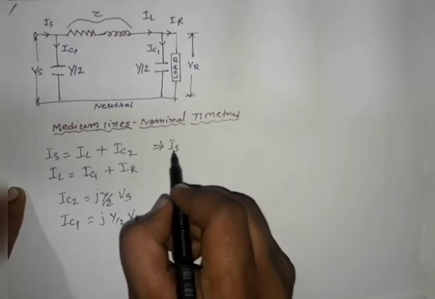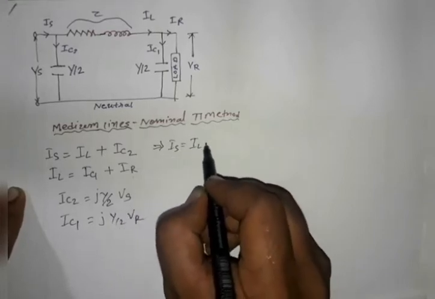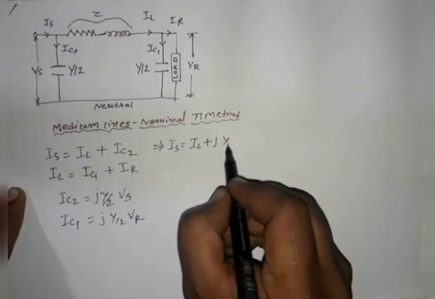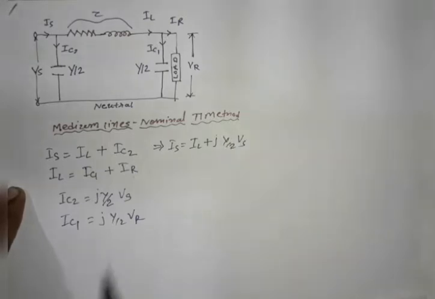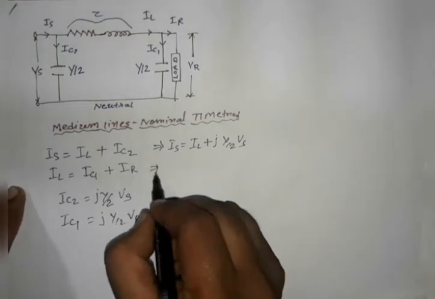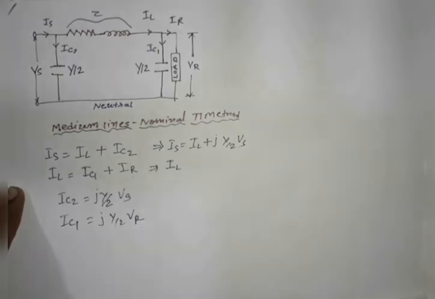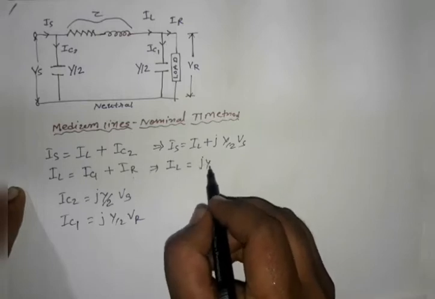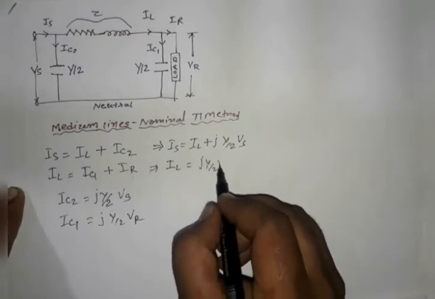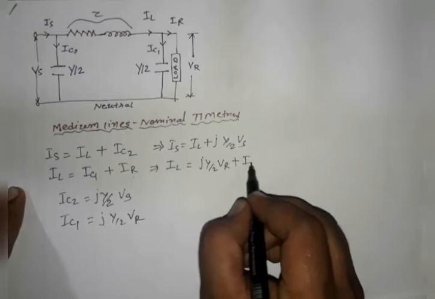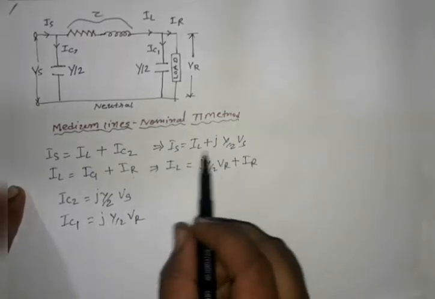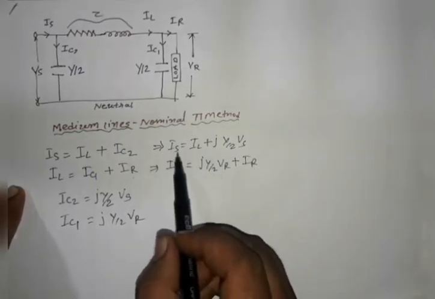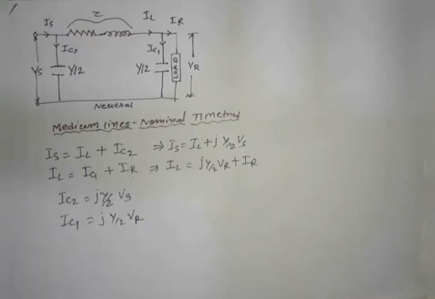We get Is equal to IL plus jY by 2 Vs. Now the line current IL is equal to jY by 2 Vr plus IR. So here is the value for the sending end current and the line current IL.